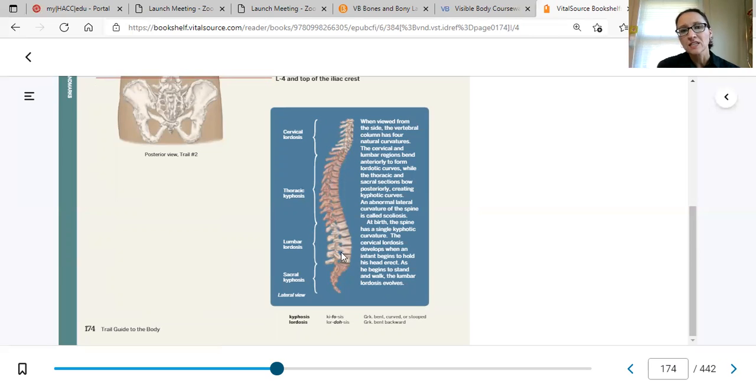So lots of things can happen to the spine over time. Sometimes it's just genetic, you're born that way. But that was introducing you to some of the disorders that we'll be talking about later when we discuss spinal disorders specifically, rather than disorders of the muscles necessarily in that area, okay?